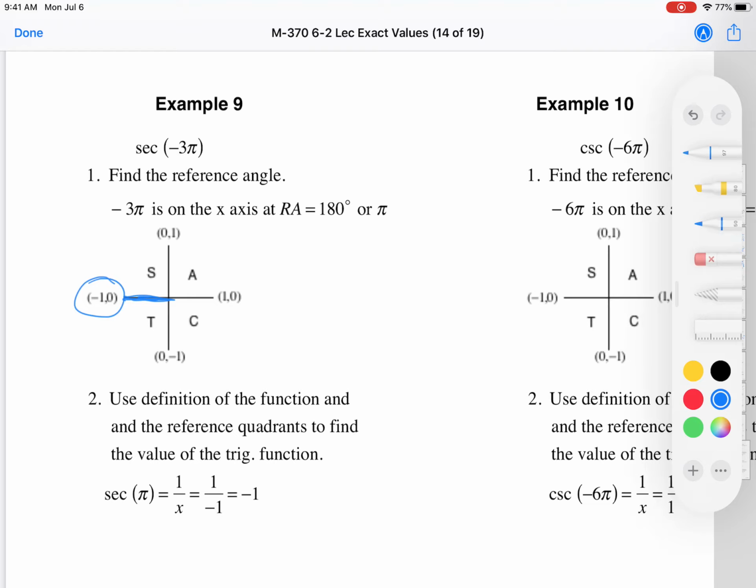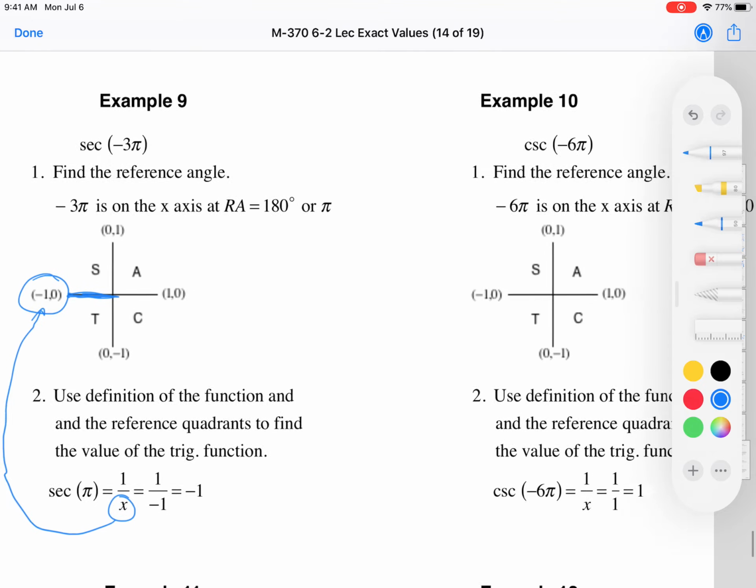Secant is the flip of cosine, so it should be 1 over x. Now, cosine, here's a mistake, right? Or is it even here? What's the x coordinate? Let's go find it. Oh, nope, no mistake. It's negative 1. So we get a nice negative 1 out of there, because that's the x coordinate.